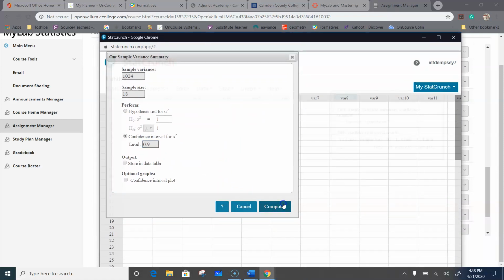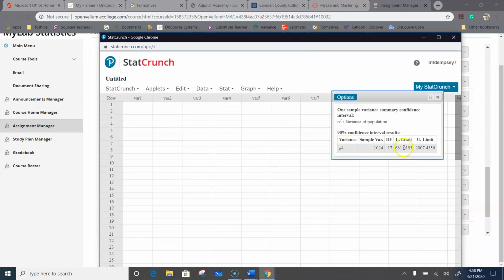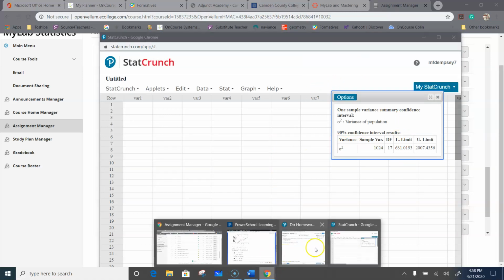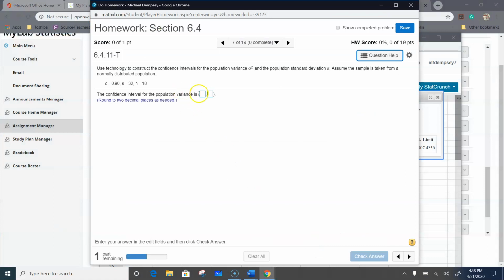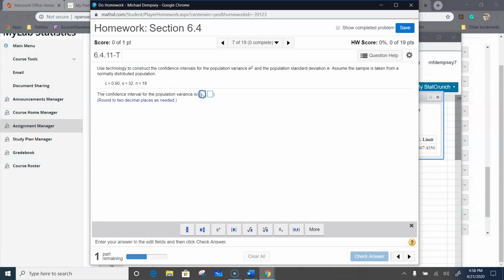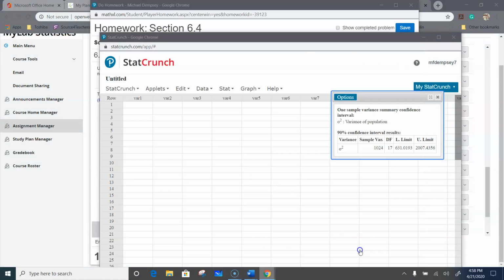Okay, let's compute. So for variance, let's make sure we're clear on what they're asking for. Variance is the first thing they're asking for. So they give us that. That is 631.019.